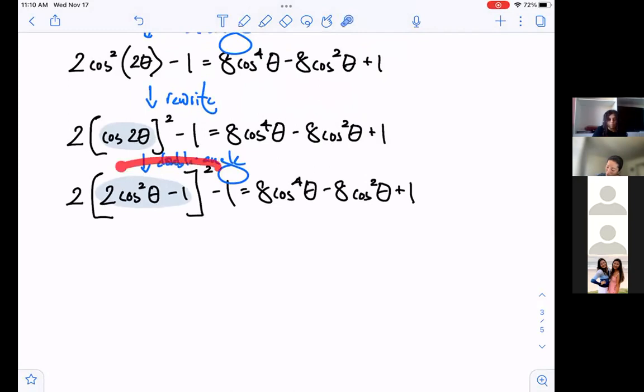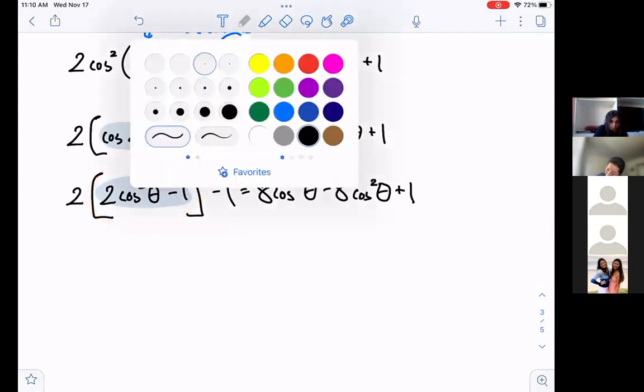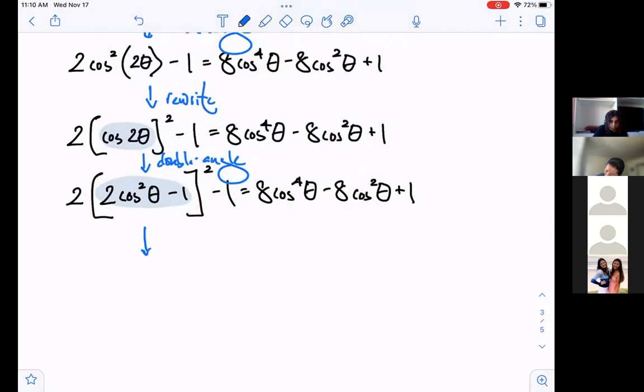I'll give you a moment to FOIL this out. Keep in mind there's still a 2 in the front and then a minus 1 at the end.